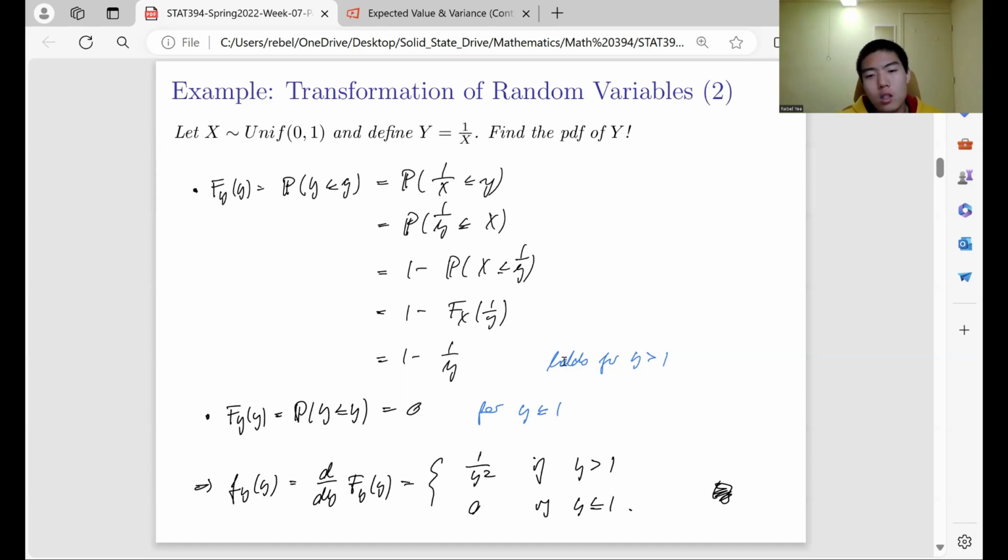And this is only for y greater than 1. So imagine if y is smaller than 1, what happens? Then 1/y will be greater than 1, right? It goes beyond the definition of the uniform distribution.